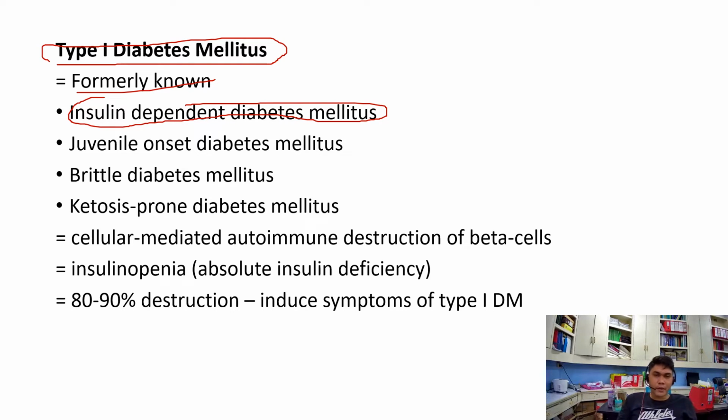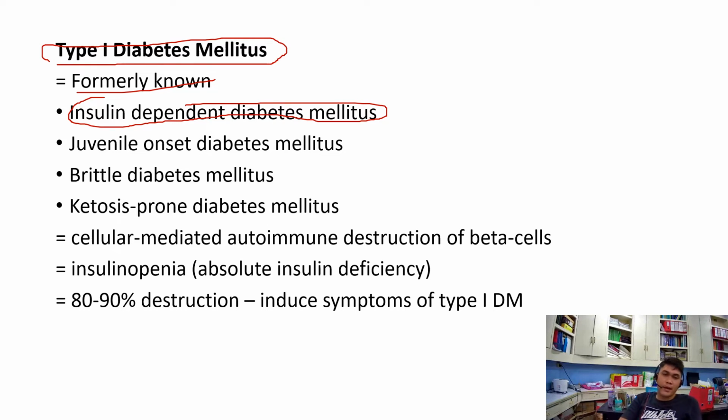If there's a low level of insulin, the effect is increased glucose concentration in your blood because the glucose molecule cannot enter the cell, or cannot be utilized by the cell as a source of energy. In type 1 diabetes mellitus, there is insulinopenia or absolute insulin deficiency because of beta cell destruction.